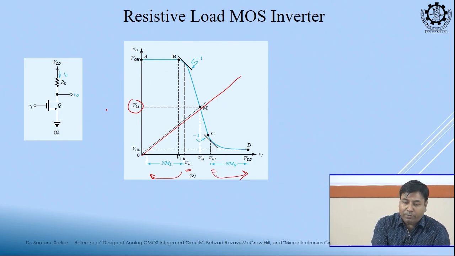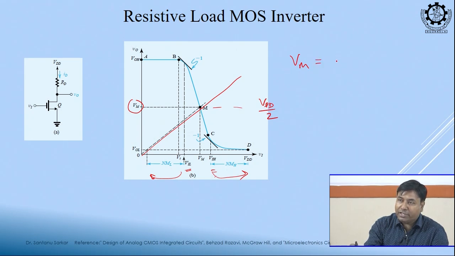So, what value will it be? VDD by 2, right. If this is 0 and if this is VDD, this value should be at the middle, and this is known as the threshold of the VTC, not VTH. VTH is the threshold of the BJT or threshold of the MOSFET, but this VM is known as the middle point or threshold of the VTC. Okay.